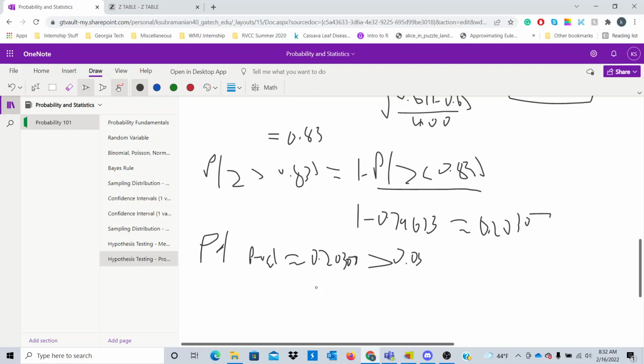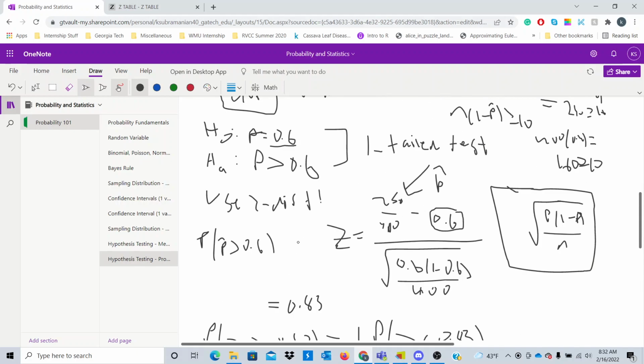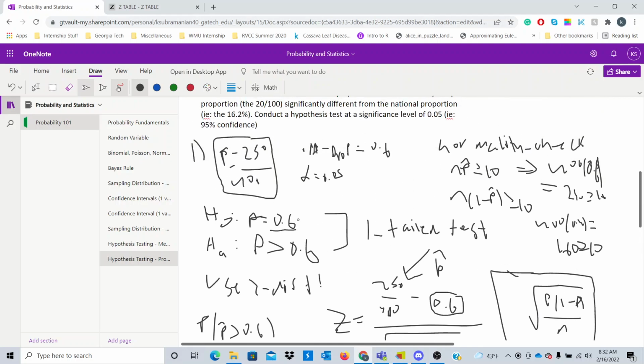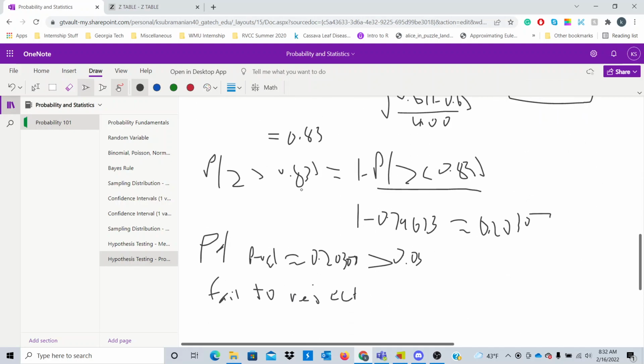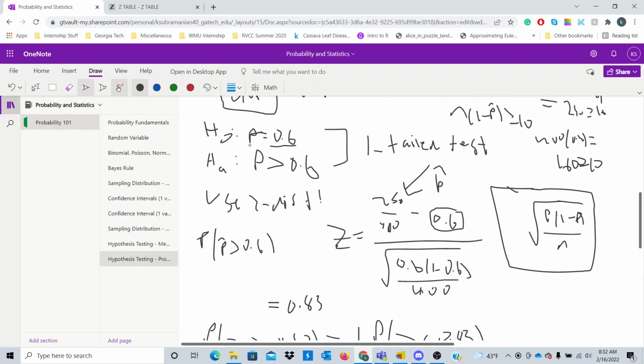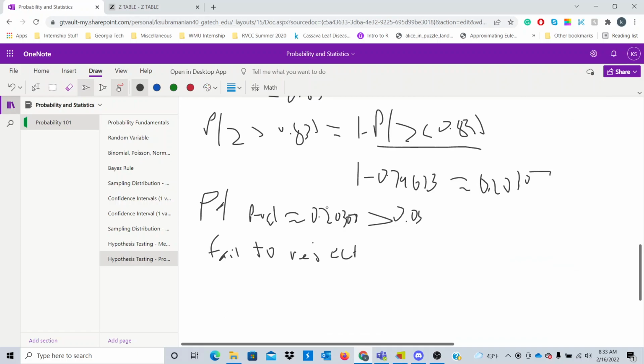So the fact that 0.20 is greater than 0.05 means that the observation we're getting, or our sample proportion, is not really surprising, right? So we actually fail to reject the null hypothesis. We don't really have enough evidence to conclude that the observation we get is statistically significant from our null hypothesis of 0.6, which would lead us to believe that the true proportion of students at my university who use TikTok is not 0.6, or above 0.6, right?